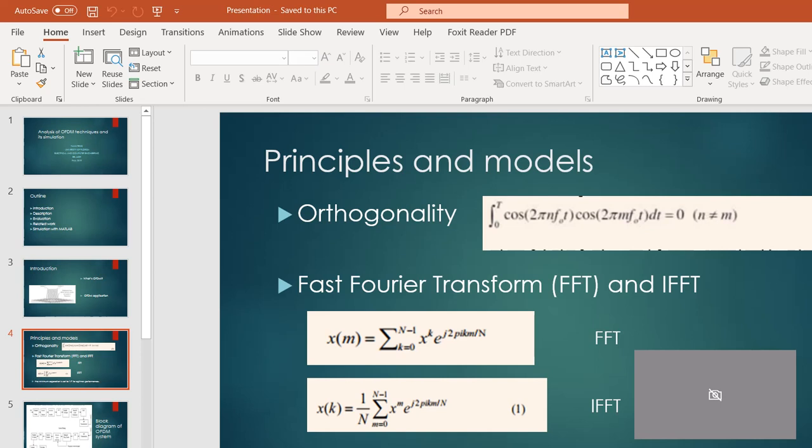During OFDM, we also implement the fast Fourier transform and inverse Fourier transform to convert from time domain to frequency domain, or the inverse. Here we also determine the minimum spectral separation in OFDM.